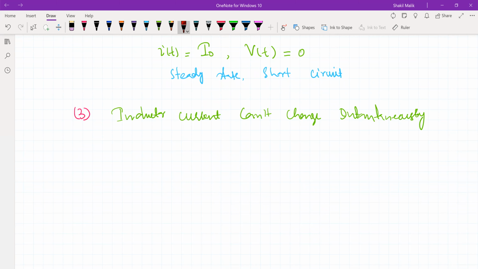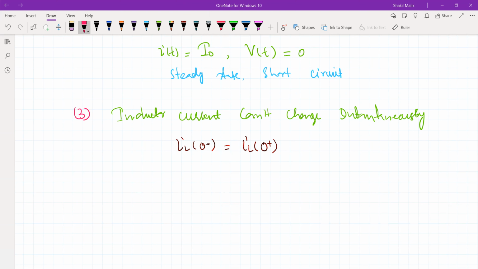What do I mean by this? Whatever is the value of the inductor current just before the switching, which is denoted by 0 minus, the value of the inductor current will be the same just after the switching. All right, this is the meaning of that. The inductor current cannot change instantaneously.